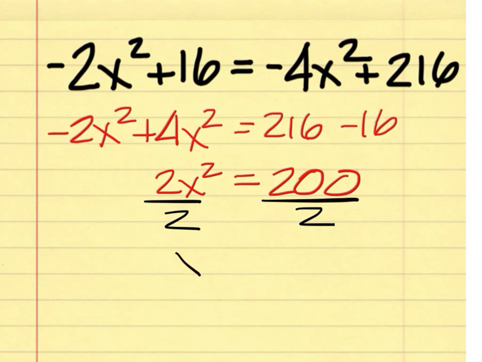X squared is right, because these cancel out. So we'll give the points there and there. What am I left with on the right-hand side, Weeks? 200 divided by 2. 100 is right. All right, so what now should I do to both sides? And that goes to Anderson.